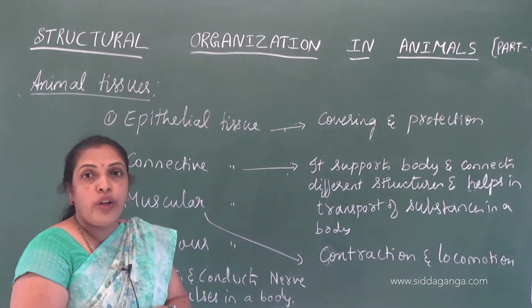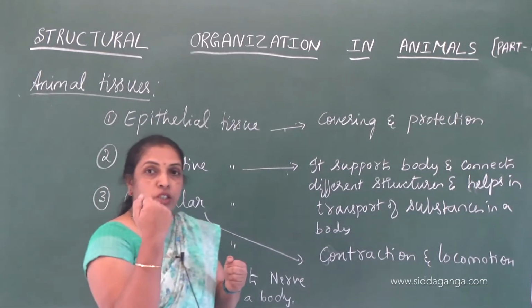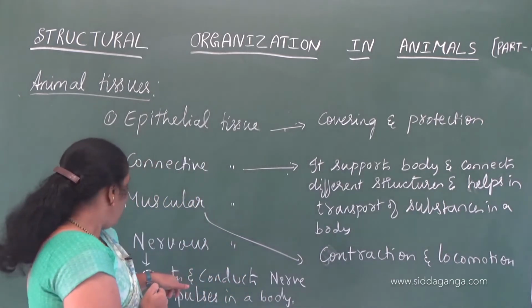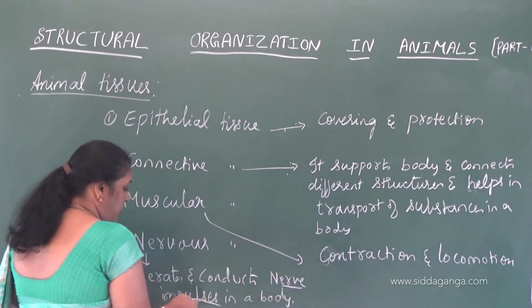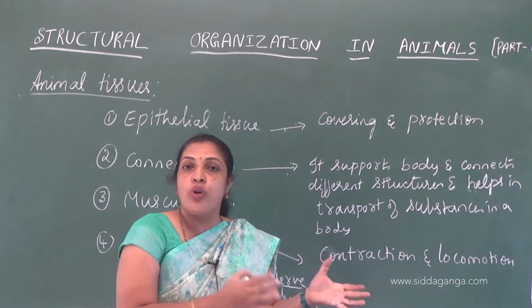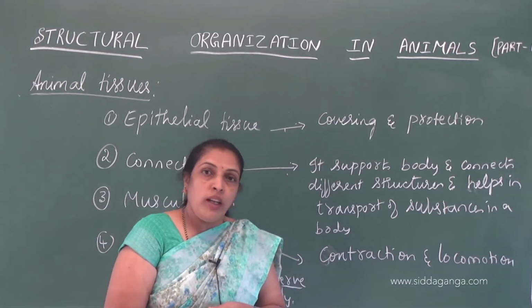Blood is a fluid connective tissue. Muscular tissue mainly helps in contraction and also helps in locomotion. Nervous tissue generates and conducts nerve impulses. That nerve impulse transfers messages from one organ to another organ to do their function normally.